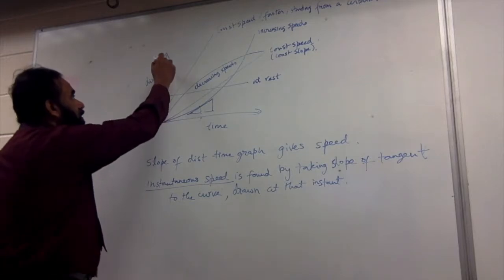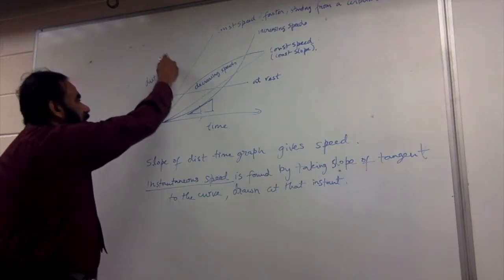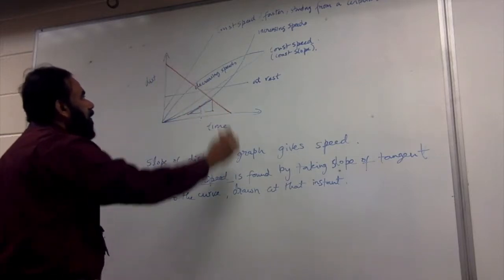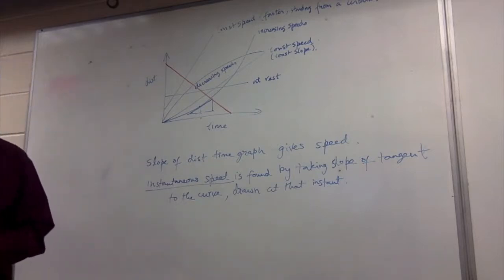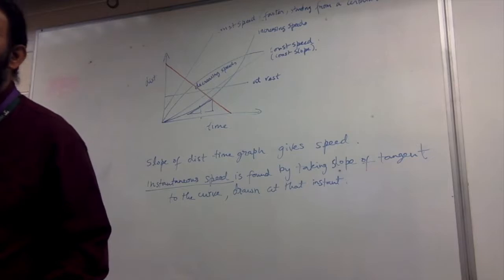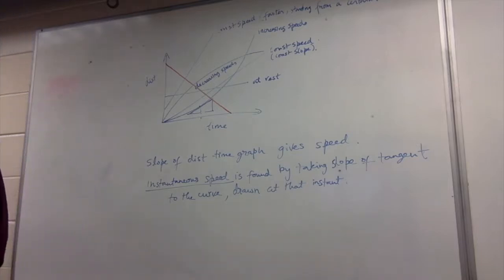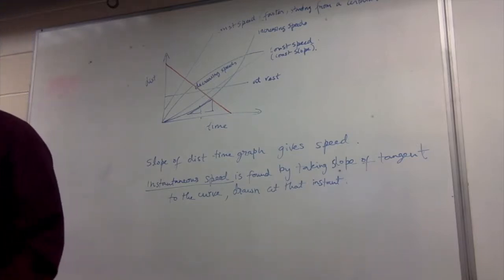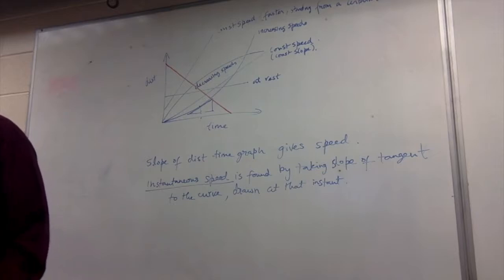What is this line representing? Constant slope, but constant decrease. Just coming back.